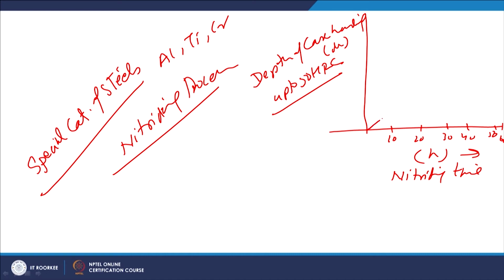Like if we take up AISI 4340, it is one steel which has chromium as well as controlled content of carbon.